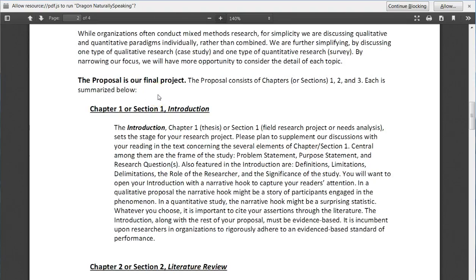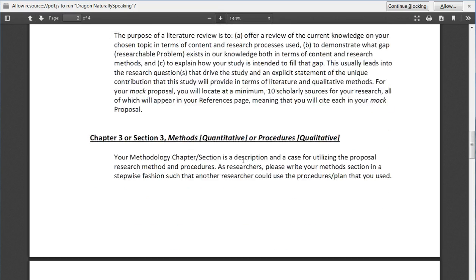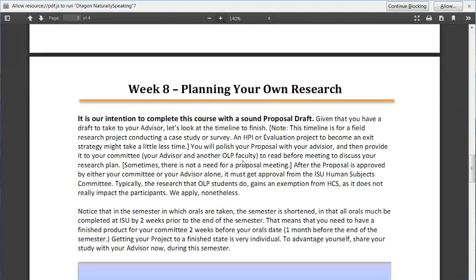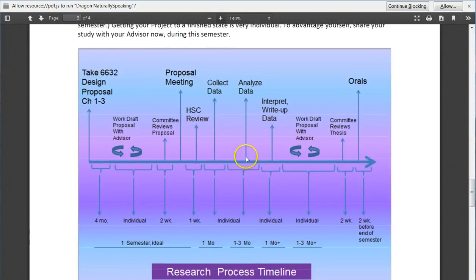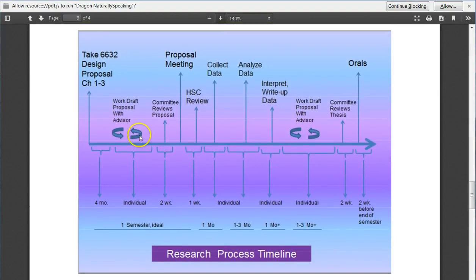We already know this, but we're just going to take a look once again to be sure as we plan our final project. The proposal is the final project. So what's in it? Chapter 1, Chapter 2, Chapter 3. Then we take a look at the timeline for conducting a master's level research study.